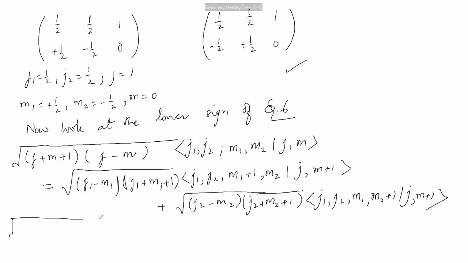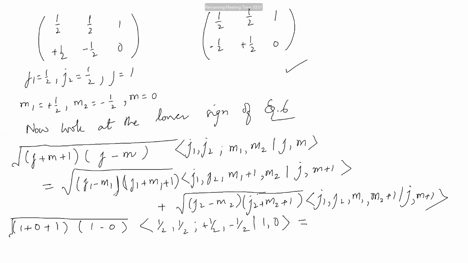If you look carefully, it is 1 plus 0 plus 1, times J minus M, 1 minus 0, with half, half, plus half, minus half, 1 0. Look at the right hand side.